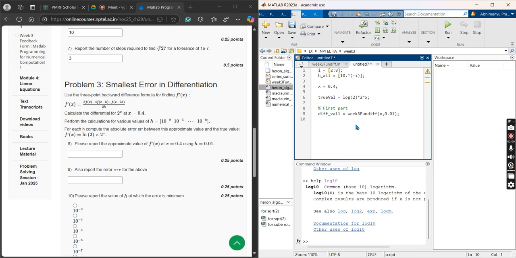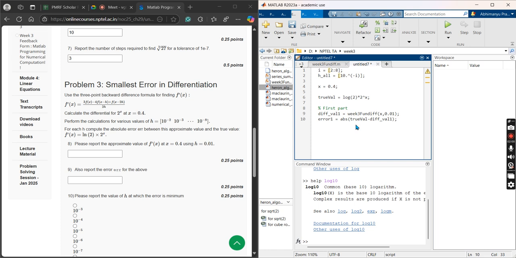Also report the error for the above, and we can calculate the error using abs of trueVal minus diffval1. So this would be our error for the first part. I will write error1 over here.